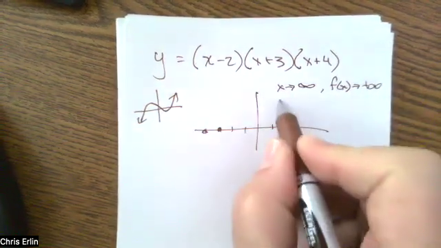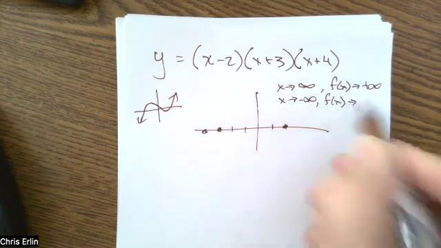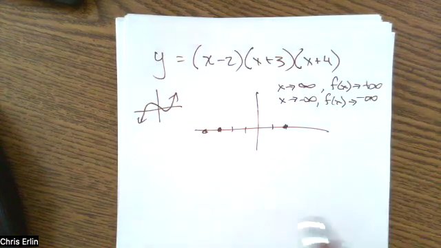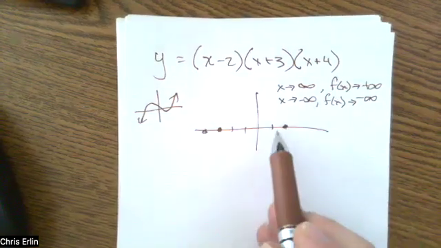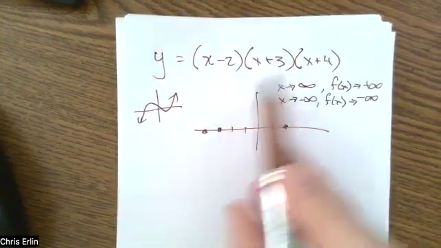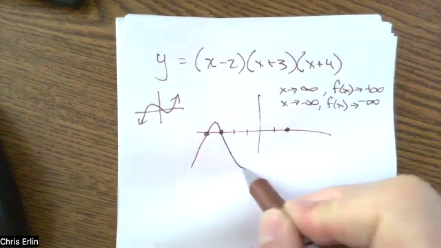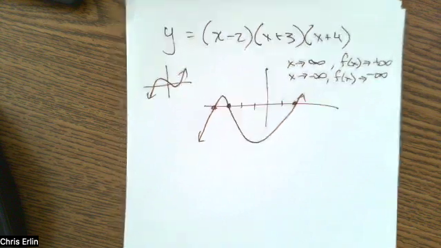Positive. And as x approaches -infinity, f of x approaches what? -infinity. Okay, good. So this is the kind of stuff that we're looking for on the last test. And with that vision, I can then recognize my zeros of 2, -3, and -4. And I could plot this sort of. This is not an accurate representation, but it gives me an idea.